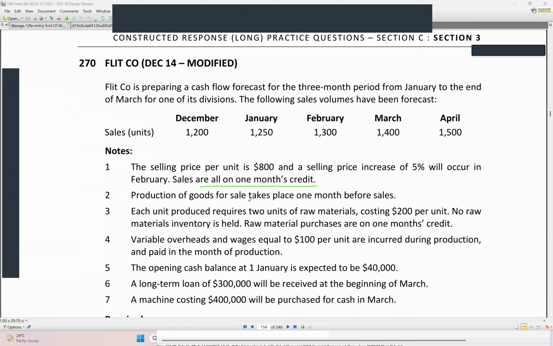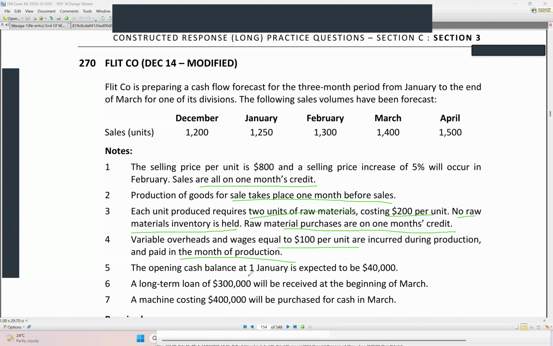Production of goods for sale takes place 1 month before sales. Each unit produced requires 2 units of raw materials costing 200 per unit. No raw materials inventory is held. Raw materials purchases are on 1 month's credit. Variable overheads and wages equal to 100 per unit are incurred during production and paid in the month of production.